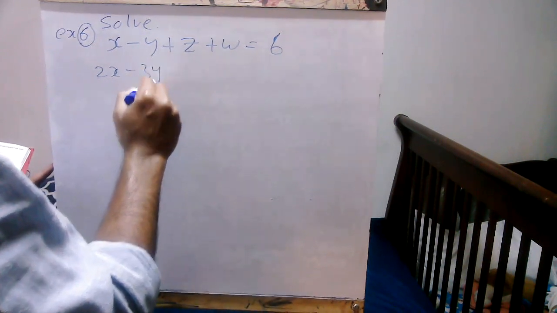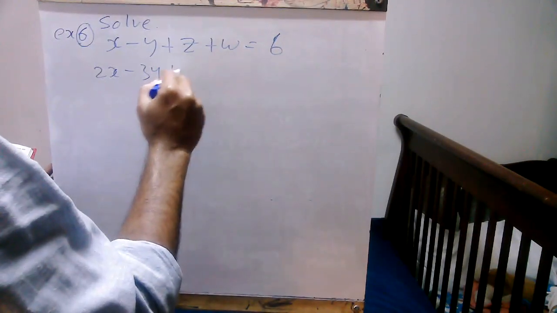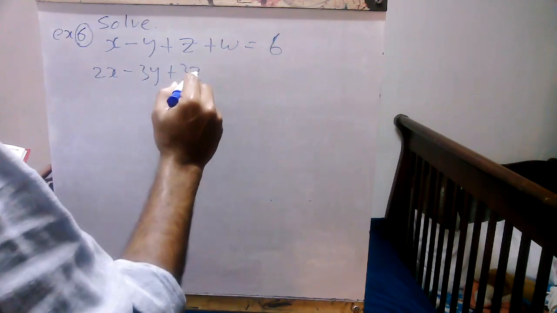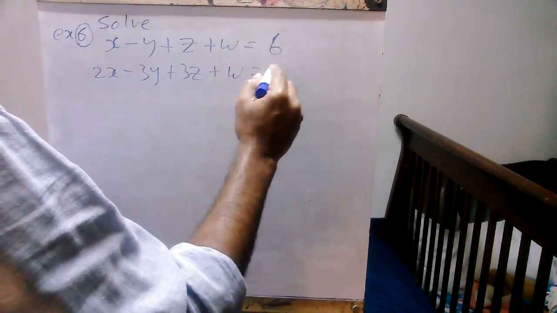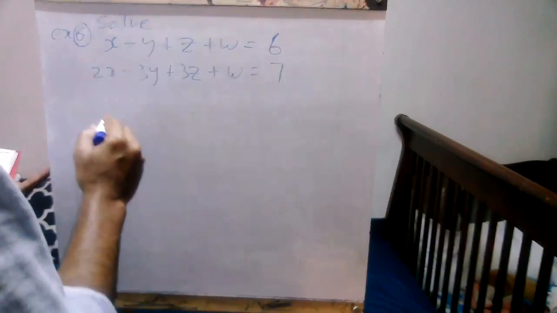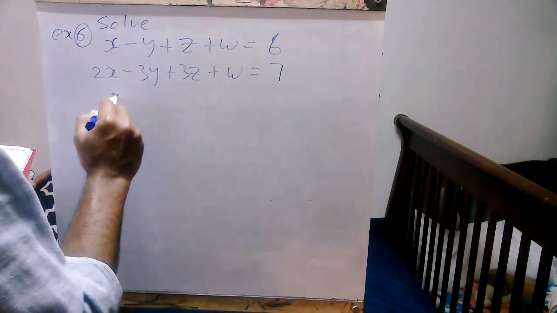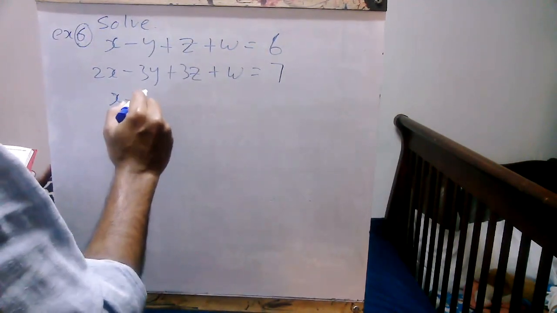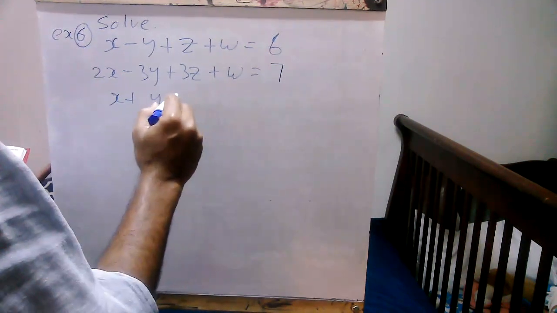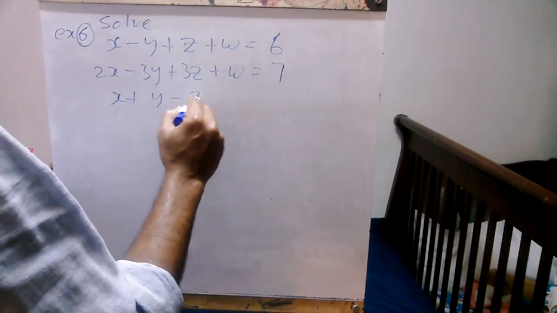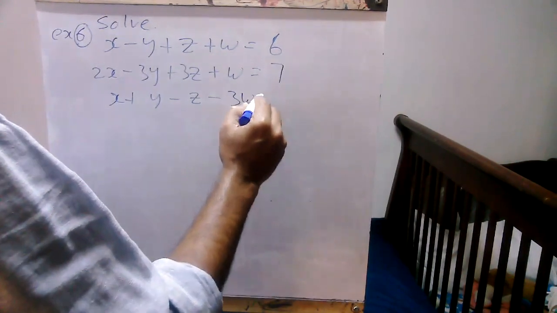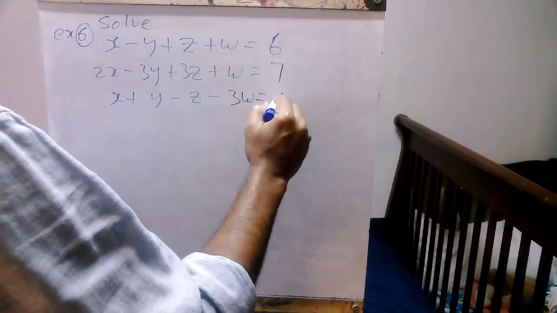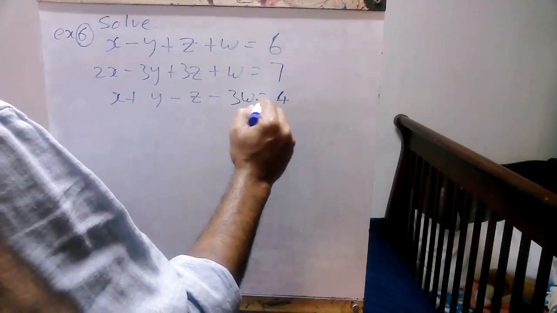Minus 3y plus 3z plus w equal to 7. x plus y minus z minus 3w equal to 4.